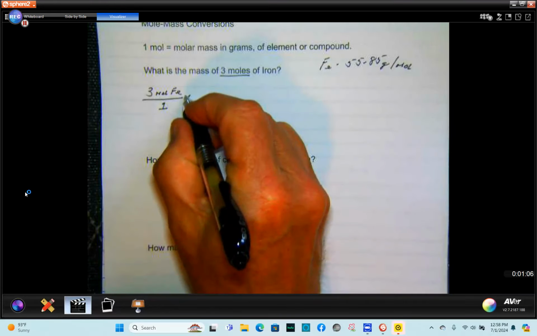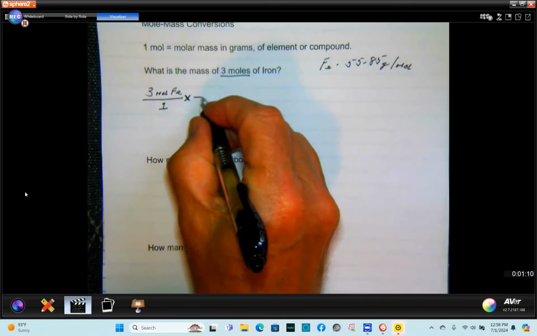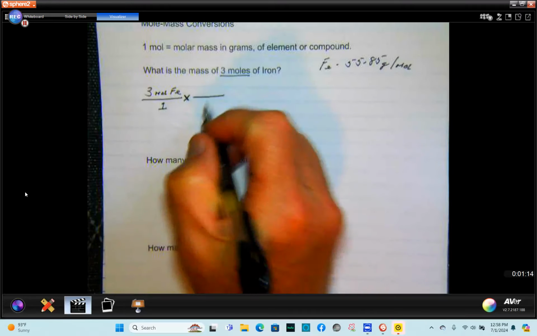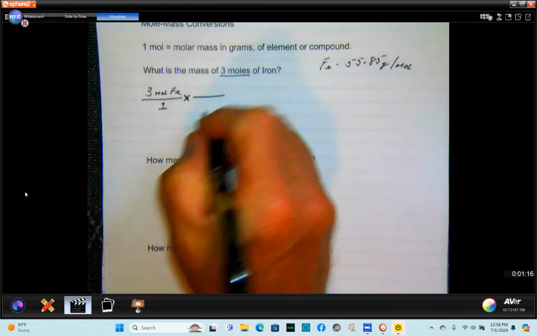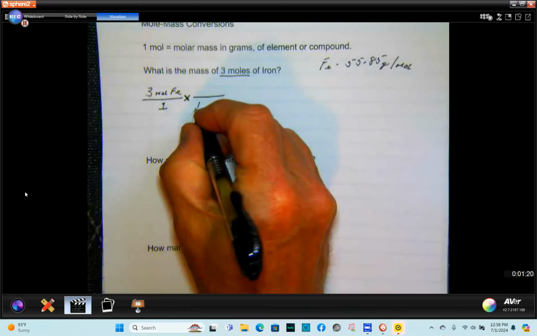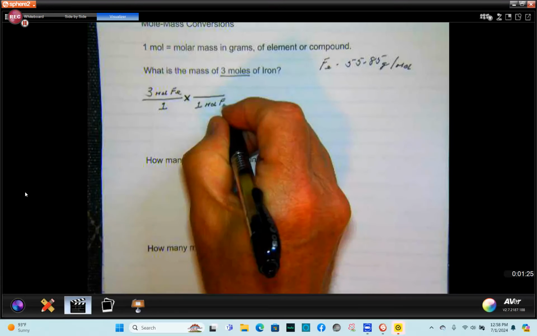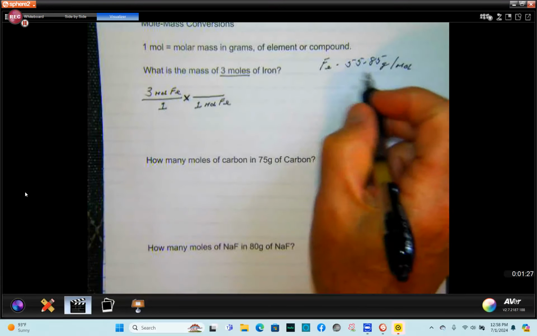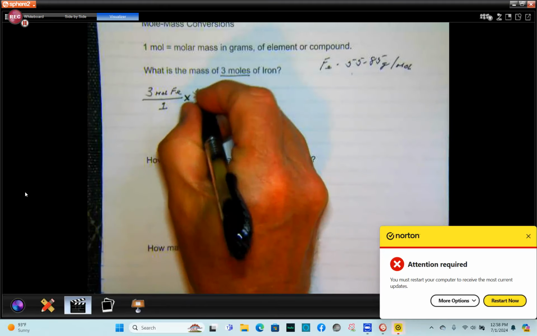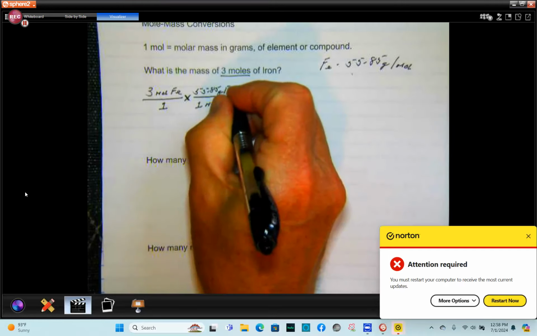Back when I learned, I used a multiplication sign, and so then I have the next factor, and if I have moles of iron in the numerator here, moles of iron will have to go in the denominator on the second factor. So we know 1 mole of iron has a mass of 55.85 grams of iron.